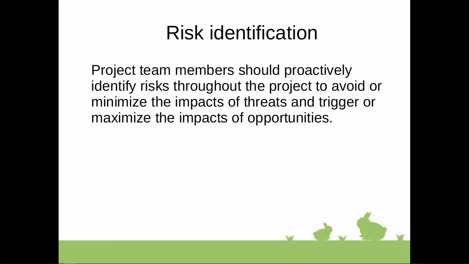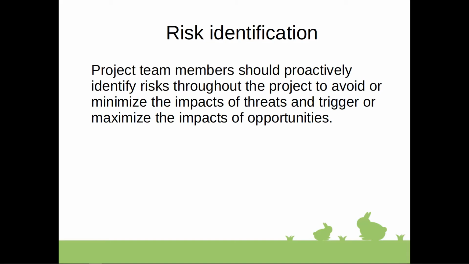So, risk identification. Risk identification is the process of identifying risks in advance once you have set your project goals. Identifying risks should be done early in the project and shouldn't be done in the middle of the project, as it might be too late.